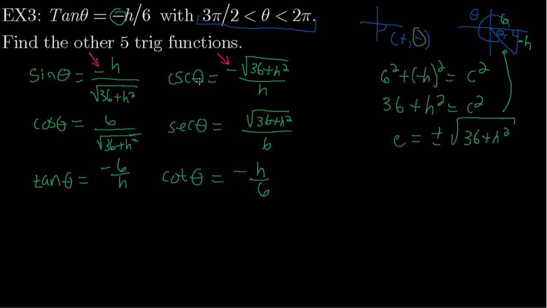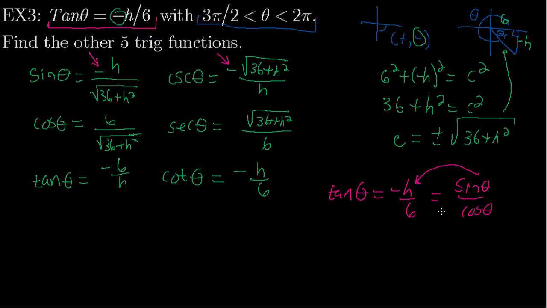One important mistake that some people make is that if they see tangent theta equals negative h over 6, and if they know tangent is defined as sine theta over cosine theta, the mistake is that they take the numerator of their tangent statement and say that sine theta equals negative h and that cosine theta equals 6.